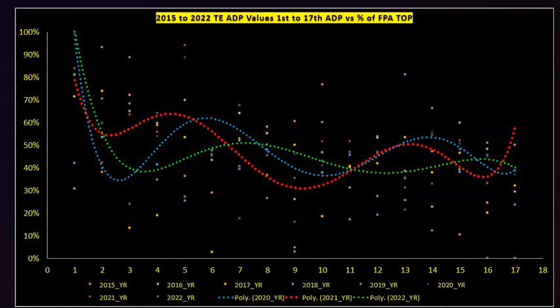Looked at the patterns. Red is 2021. Let's see, what are we doing here? The green is 2022. And the blue is 2020, the COVID year. So look at, by the third tight end, you're down. 2021, you did have a little bit of a peak, 5, and then drop down to 9, and then re-peak kind of later.